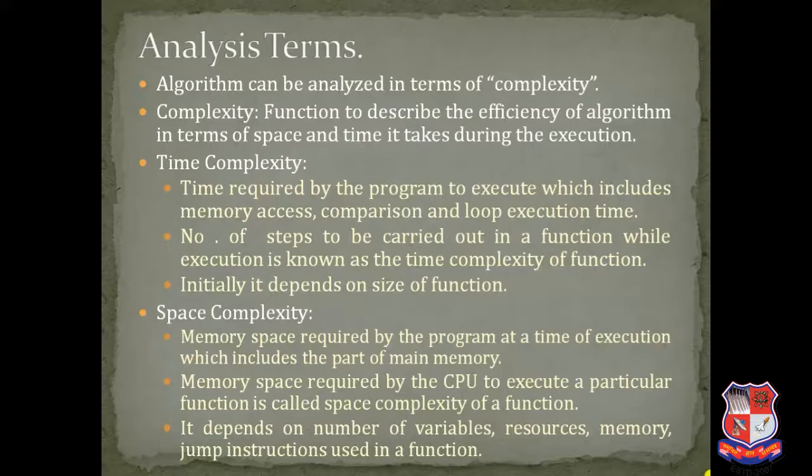And at the time of swapping, the size of program may get shrunk or it may get expanded. It's the memory space required by the CPU to execute a particular function, called space complexity of a function. It depends on number of variables, resources, memory jump instructions used in a function.